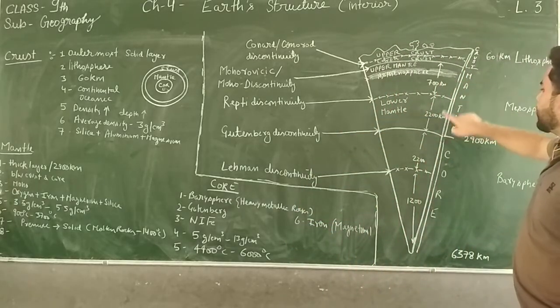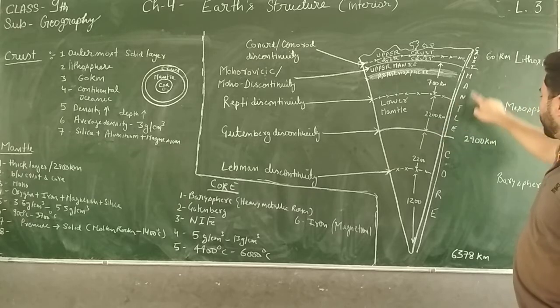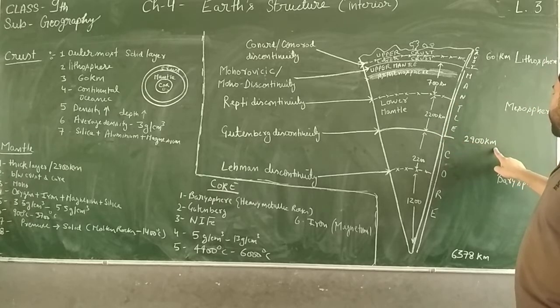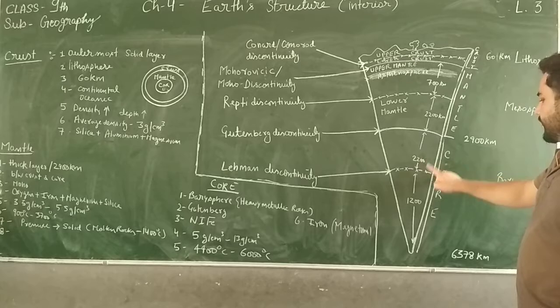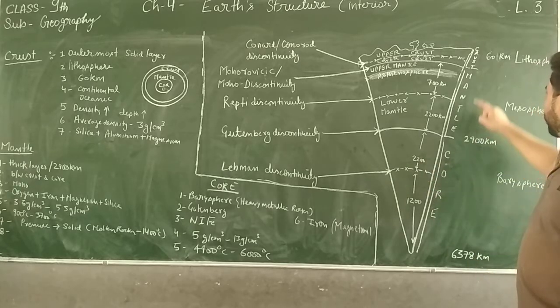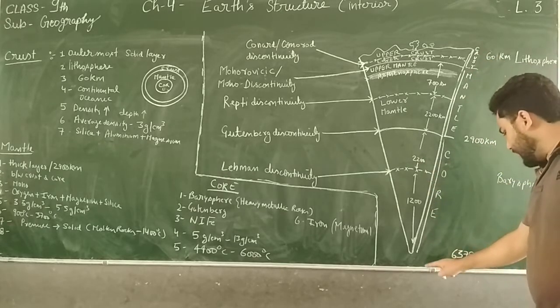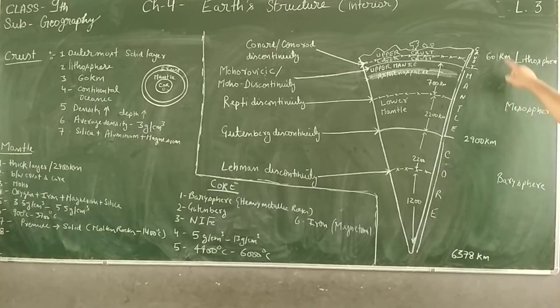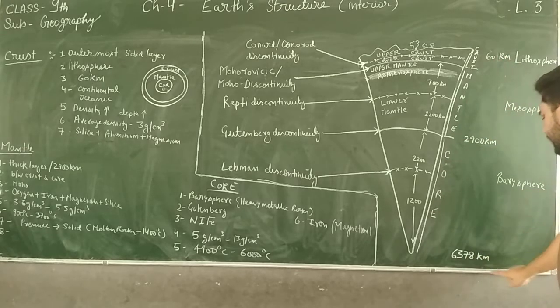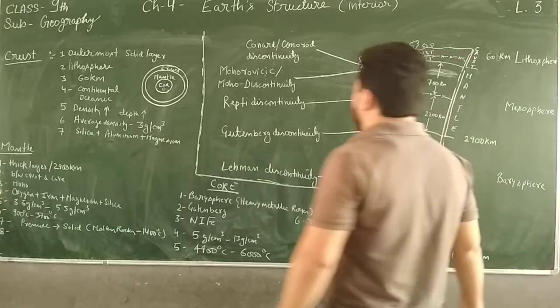This is 700, this is 2200, and from here to here it is 2900 kilometer. This is 2200, this is 1200, and from here to here the entire radius is 6378 kilometer. Clear?